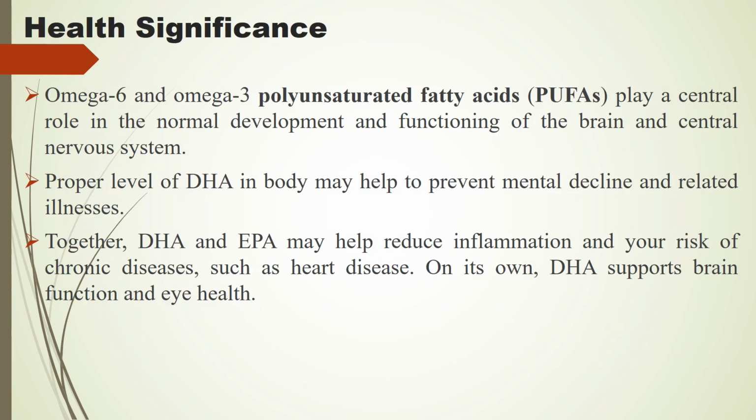Health significance of DHA and EPA: omega-6 and omega-3 polyunsaturated fatty acids play a central role in the normal development and functions of the brain and central nervous system. A proper level of DHA in the body may help prevent mental decline and related illnesses. Together, DHA and EPA may reduce inflammation and the risk of chronic diseases such as heart disease, and DHA on its own supports brain function and eye health also.